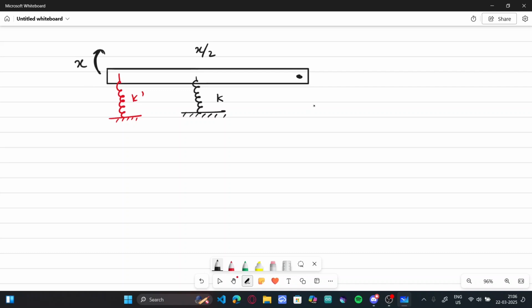Now if we balance out the torques, it would be k dash x and this length L, and this should be equal to the torque produced by this spring, which is k, pardon my handwriting, k x by 2, and yeah, L by 2.